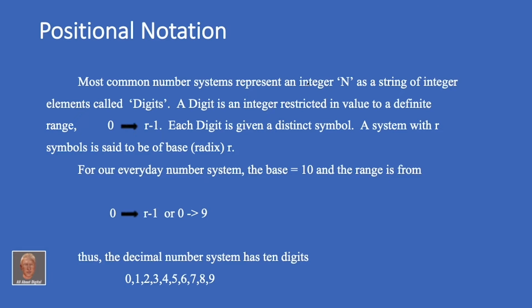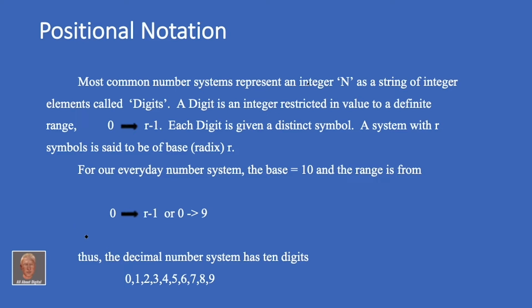Now r stands for radix, or base of the number system. For example, in base 10, or radix 10, the r value is 10. And so the r determines the base of the system, also the number of digits.